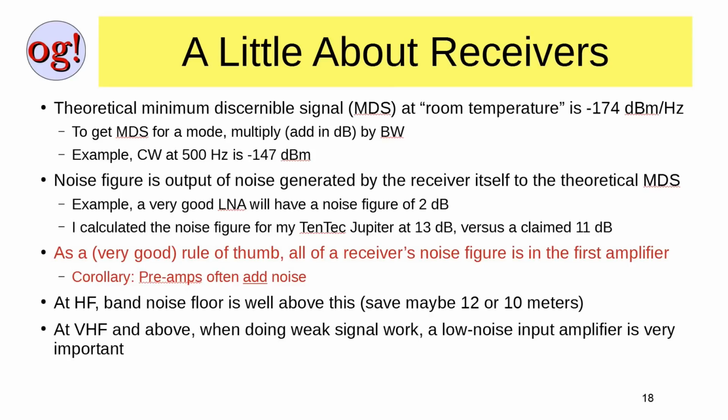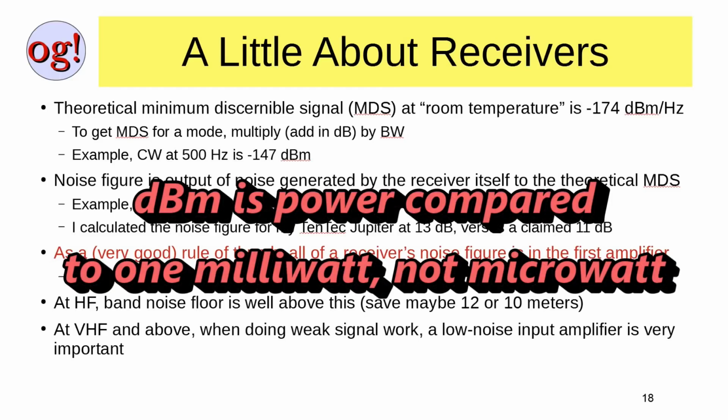The theoretical minimum discernible signal at room temperature is limited by thermal noise. Now, it happens at HF, and you have to trust the ARRL for this number. It's minus 174 dB compared to a milliwatt. So we're actually talking about power here per hertz.